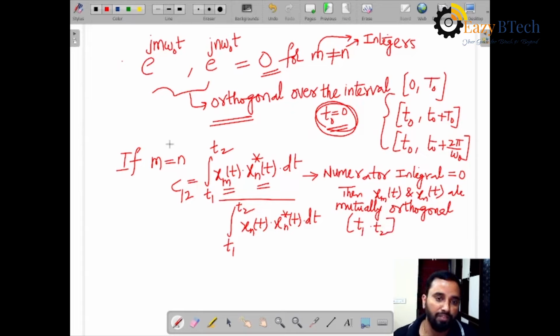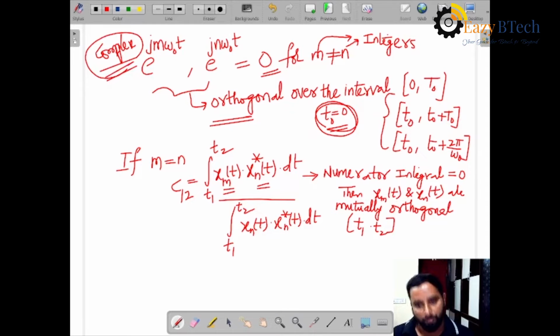And if the given functions are complex signals, they are complex functions given. For m not equal to n, they are orthogonal. If m is equal to n, what happens? That we are going to see now.